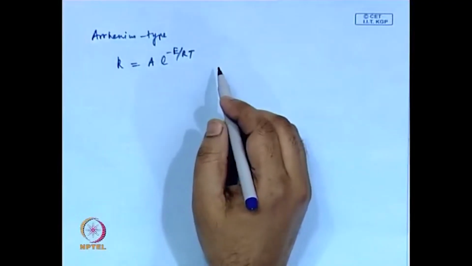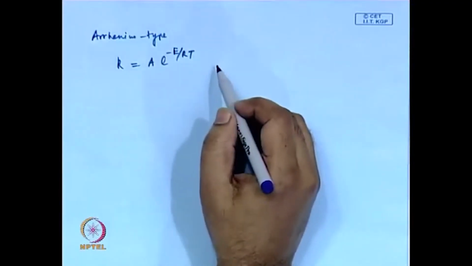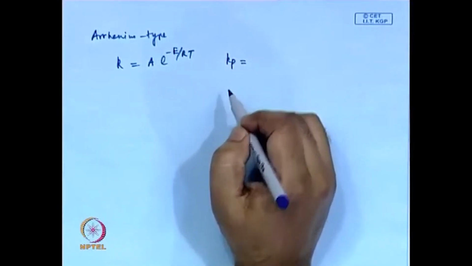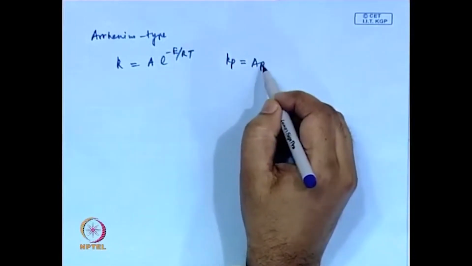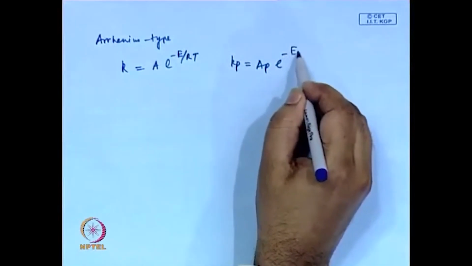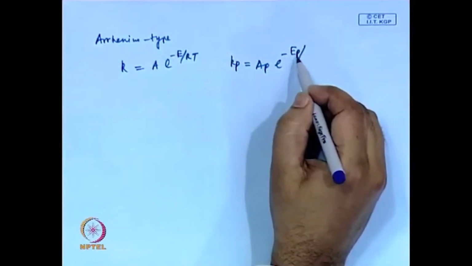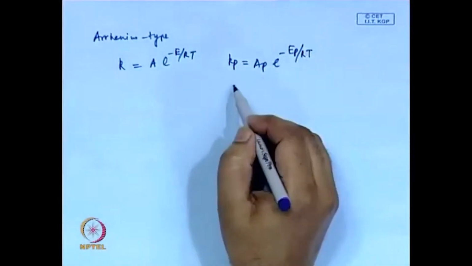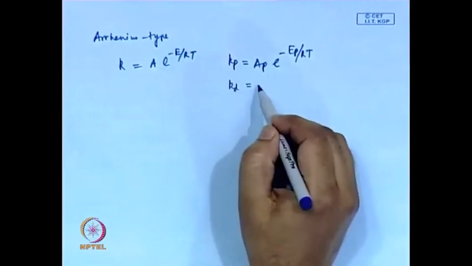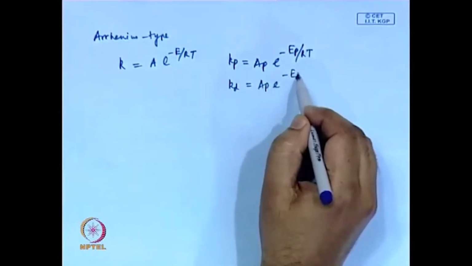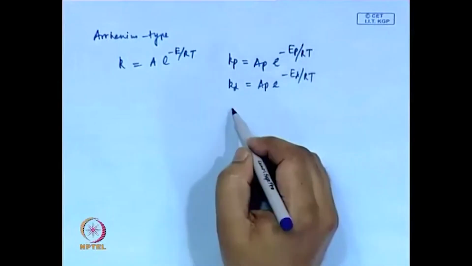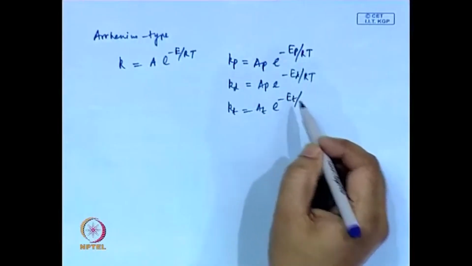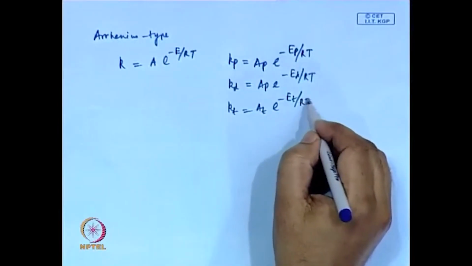So, we can express all three rate constants Kp, Kd and Kt in terms of the Arrhenius equation: Kp is Ap e to the power minus Ep, where Ep is the activation energy for propagation; similarly, Kd is Ad e to the power minus Ed, and Kt is At e to the power minus Et, where Et is the activation energy for the termination reaction.